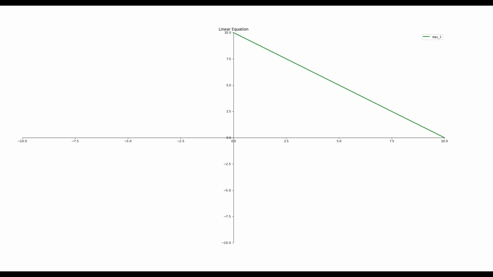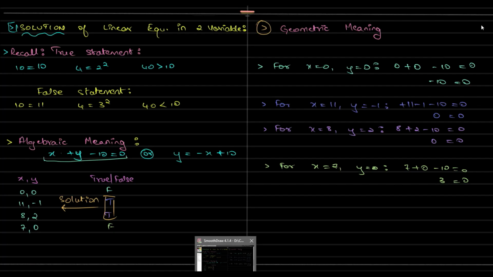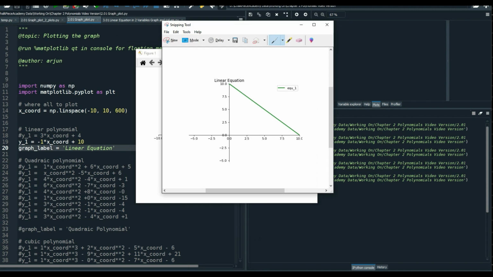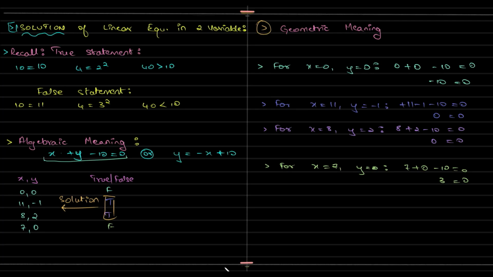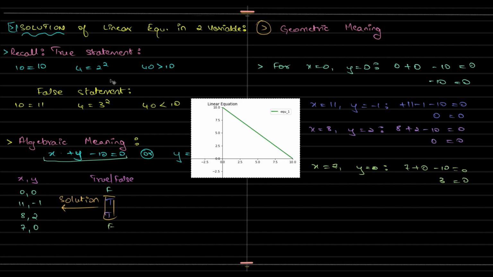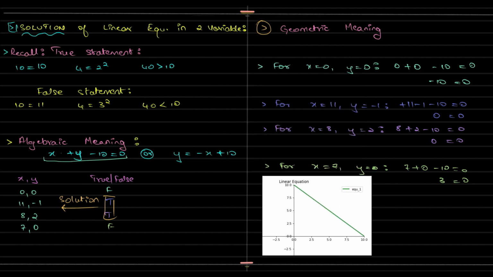To understand the graph, let's look at the values. Let me zoom out. Okay, I think this is enough. So to begin with, we have 0 comma 0. 0 comma 0 is over here, nowhere near the line, and by the way, this is the line for this particular equation. So we can see that it's not on the graph. Now 8 comma 2, 8 is around somewhere over here and 2 is somewhere over here.